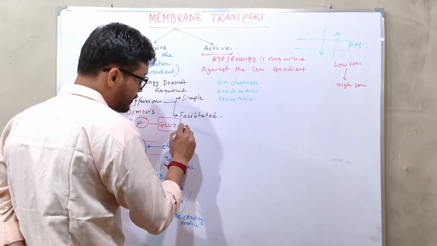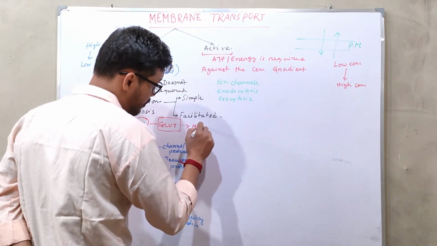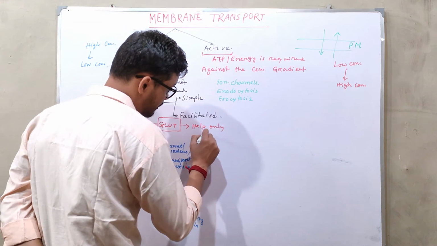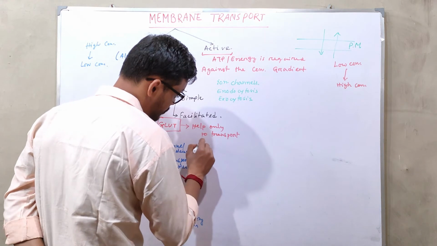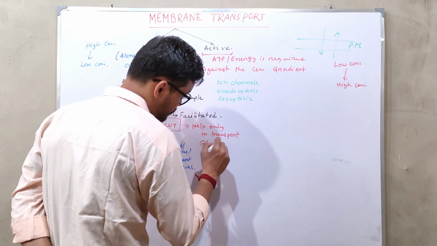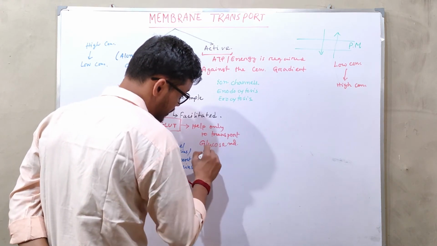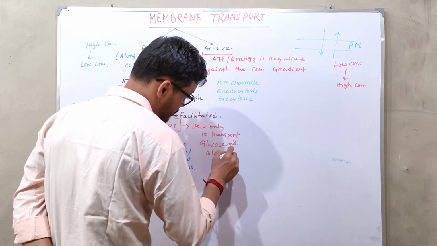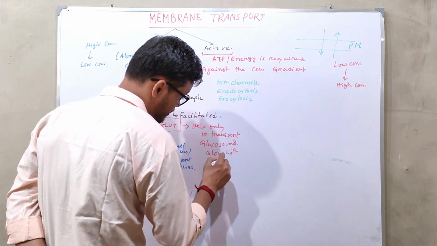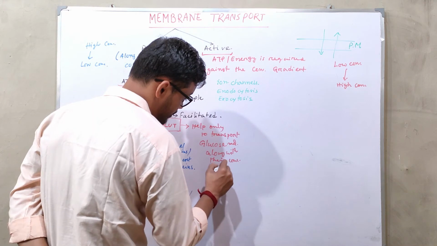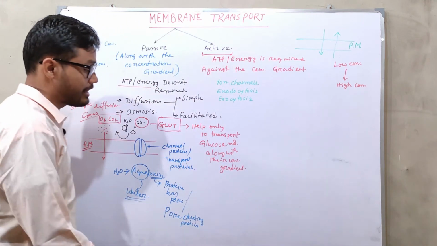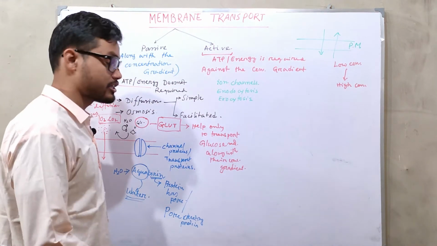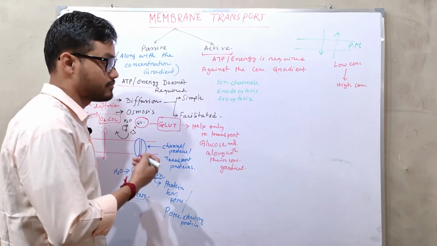GLUTs are channel proteins that help only to transport glucose molecules along their concentration gradient, from one side of the plasma membrane to another.